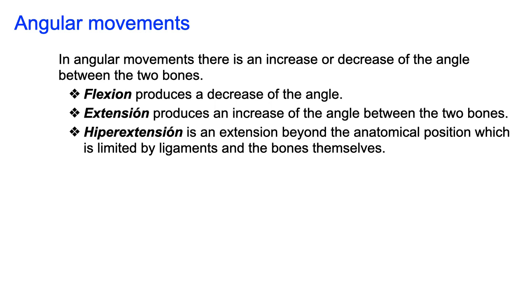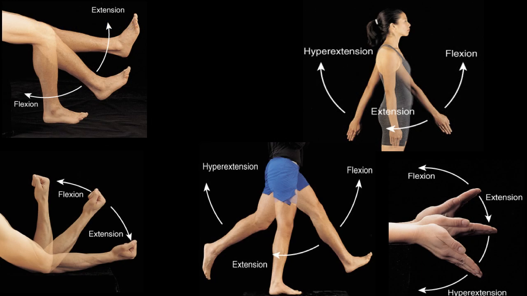These are angular movements that include flexion, extension, and hyperextension. Here you have some examples of flexion, extension, and hyperextension of the leg, the forearm, the arm, the thigh, and the hand. Again, get familiar with all these movements.